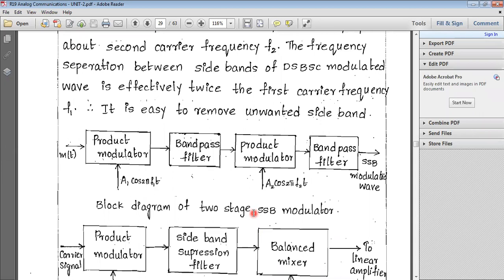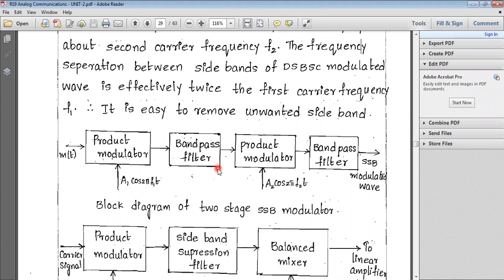In yesterday's class, already I told you why here we use a two-stage SSB modulator. What is the importance of putting two stages? With the help of a single stage also you get an SSB wave. But here in the first technique, we use two stages.